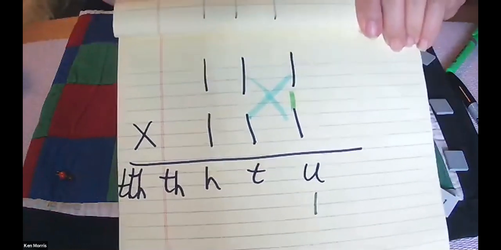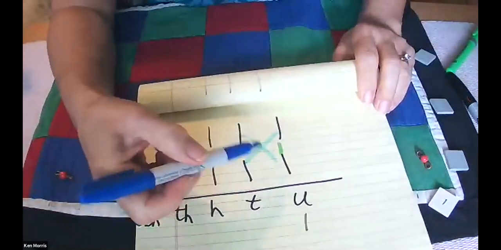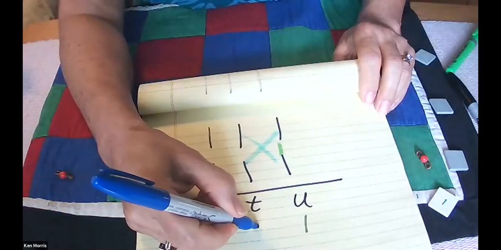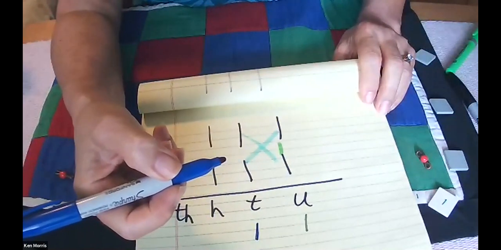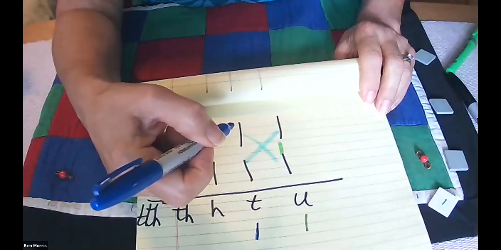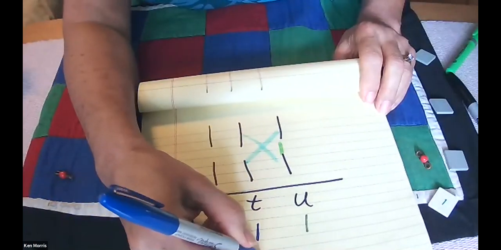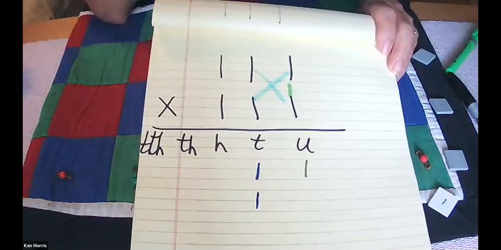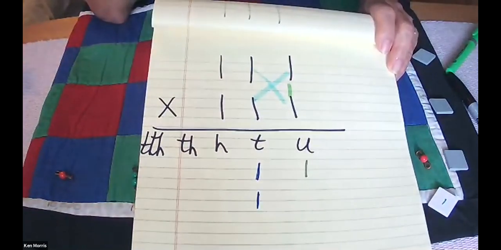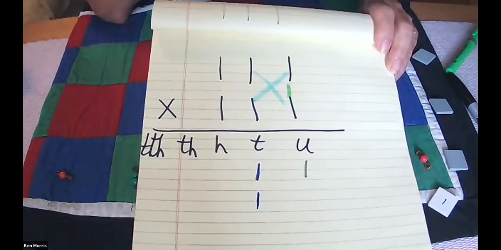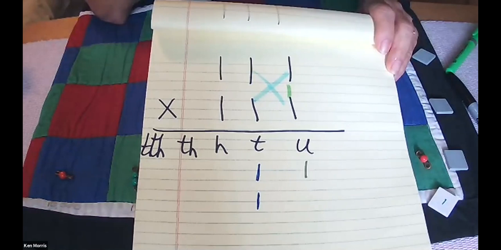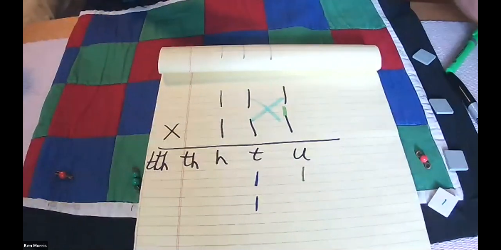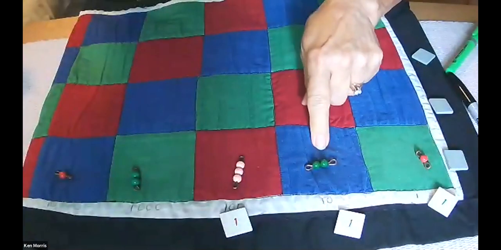The first time we did it, we did 10 times unit first, which gave us 10. Then we did units times 10, and that gave us another 10. And of course, if we go back to the checkerboard, we see we had 2 tens.